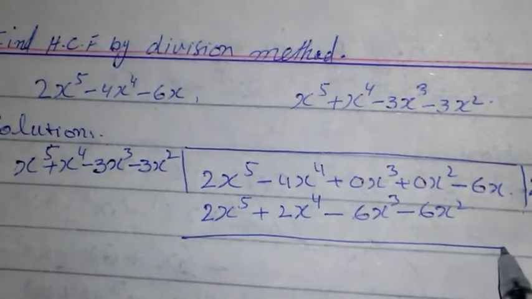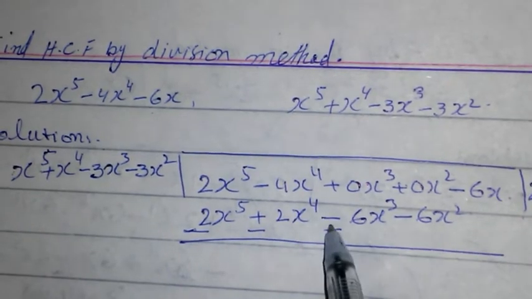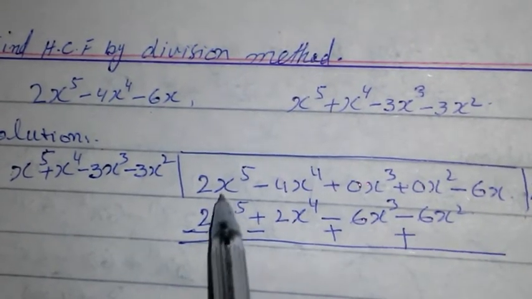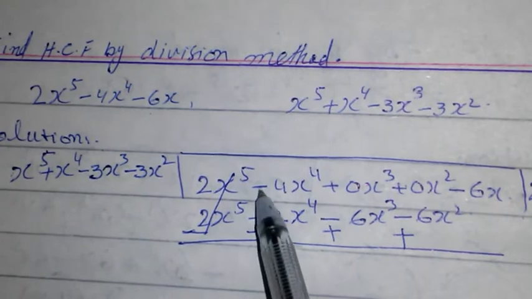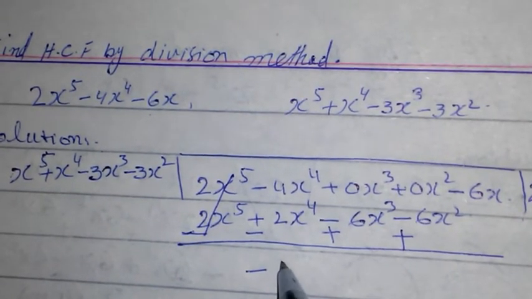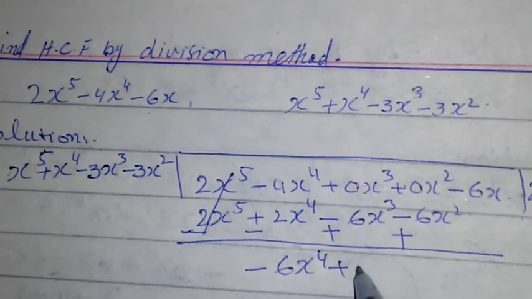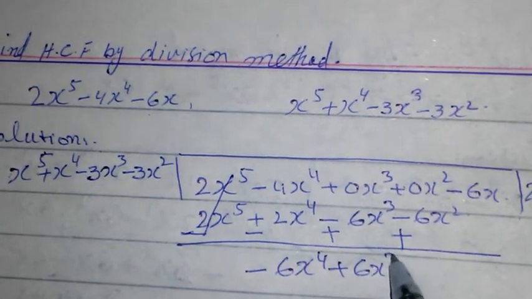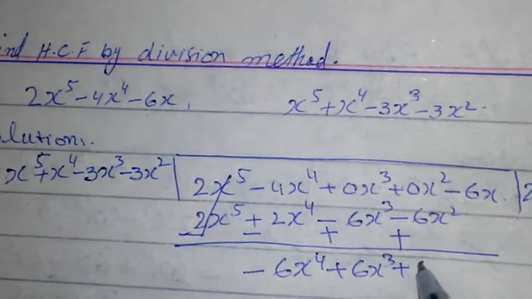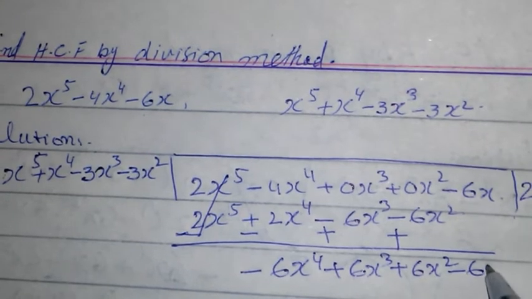Now subtract it from the upper one. Minus minus plus plus. Minus minus minus 2 plus 4 plus 2, 6x to the power 4 plus 6x cube plus 6x square minus 6x.